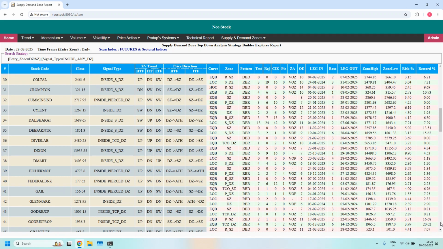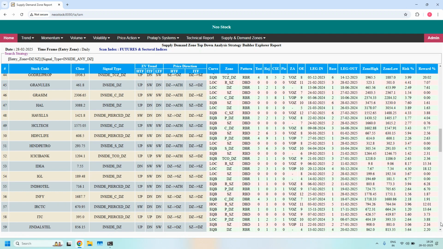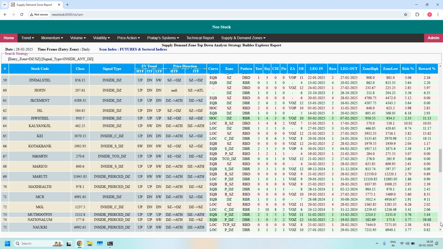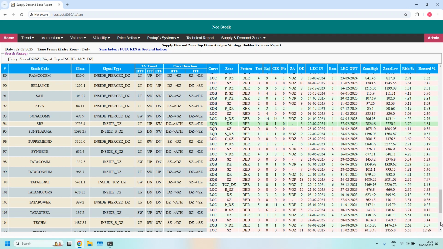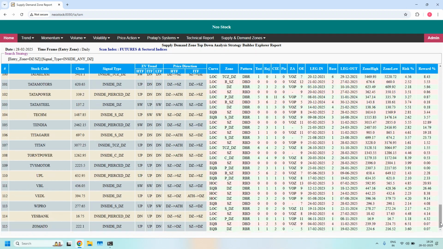This is for reference purpose. Total 115. Half of the stocks price closed in the daily demand zones.